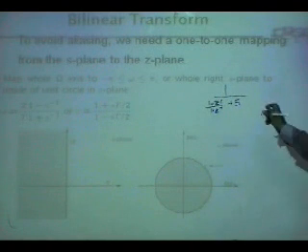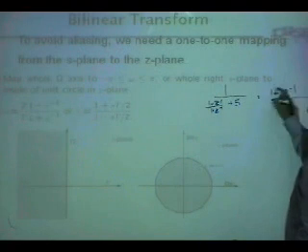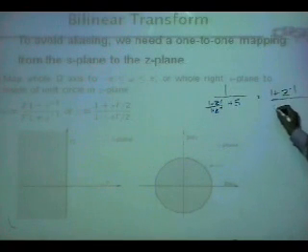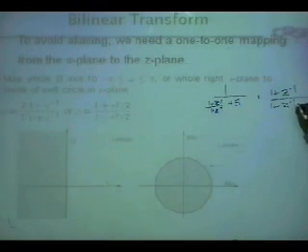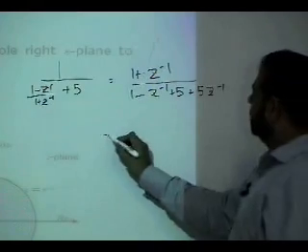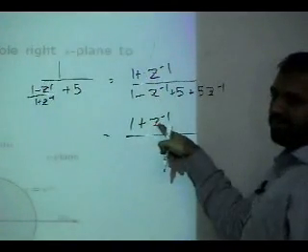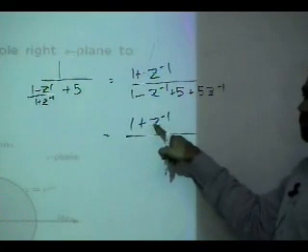So if I do this, 1 plus Z inverse gets in the numerator, and what do you get in the denominator? 1 minus Z inverse plus 5 plus 5 Z inverse. So what is this equal to? This is a 0 at minus 1.